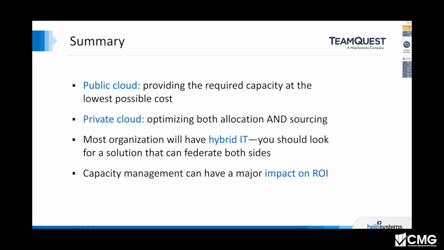And in order to provide optimization and management of those, you need to understand both. And then the last one, really important, the ROI of cloud initiatives: capacity management will have a major impact on those.